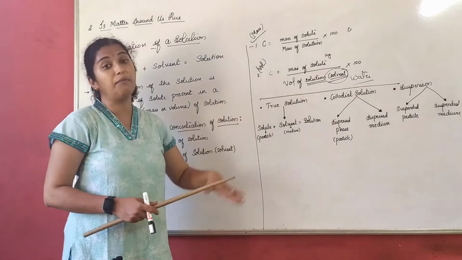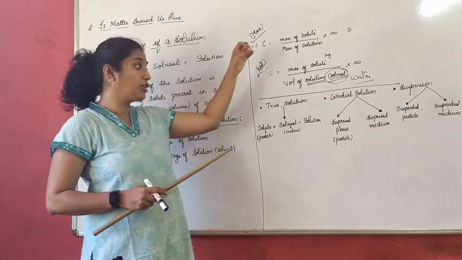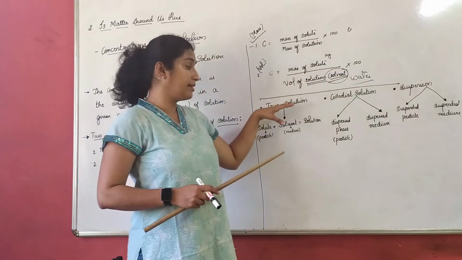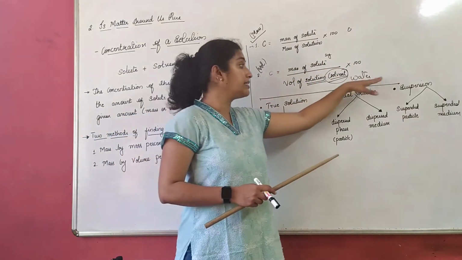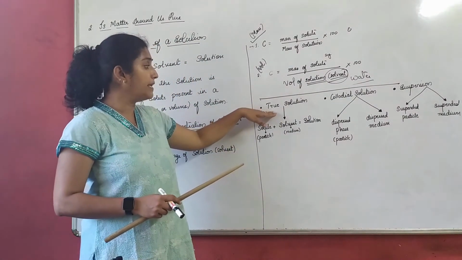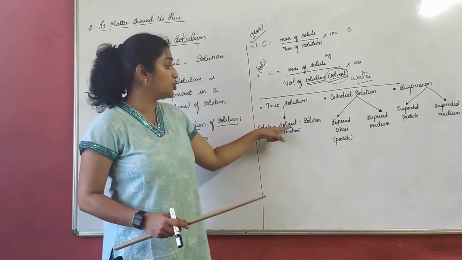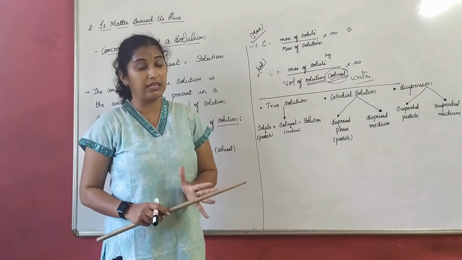So this was about concentration of a solution. Now again we'll go back to the previous one, what we had studied about mixture: true solution, colloidal solution and suspension. Here we have completed true solution thoroughly. We understood about solute, we understood about solvent which gives us a solution.